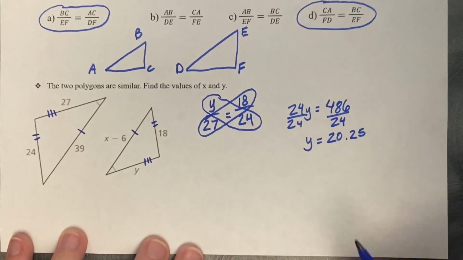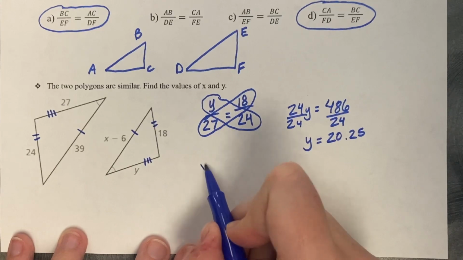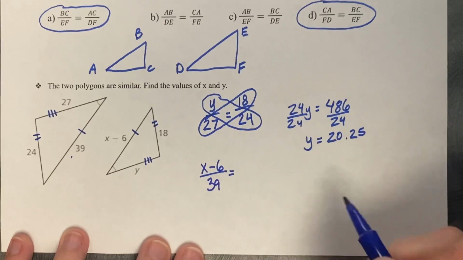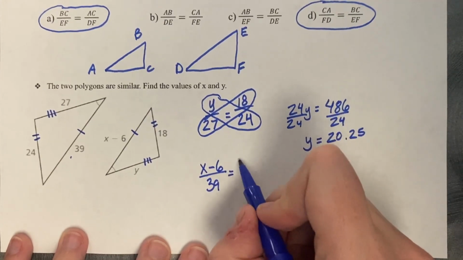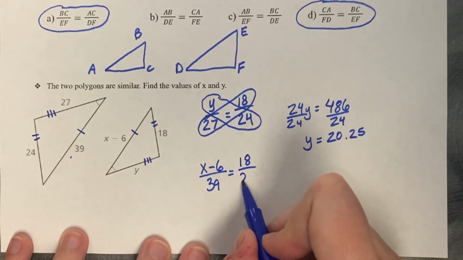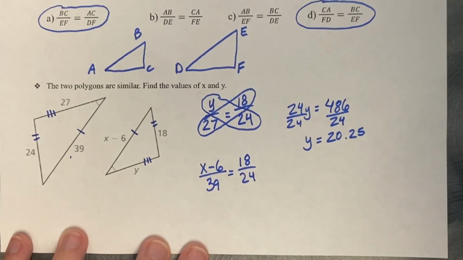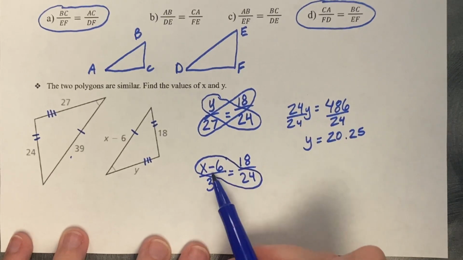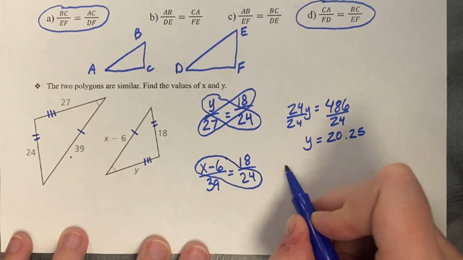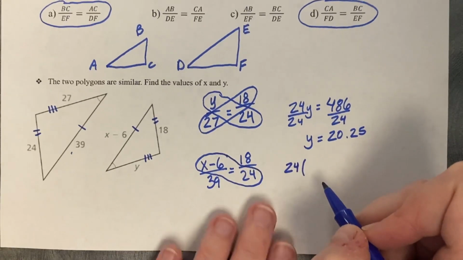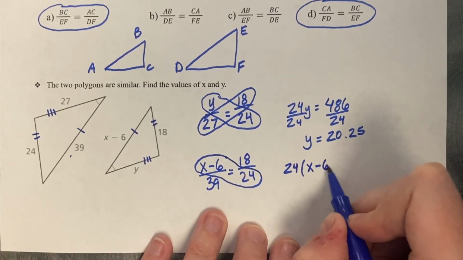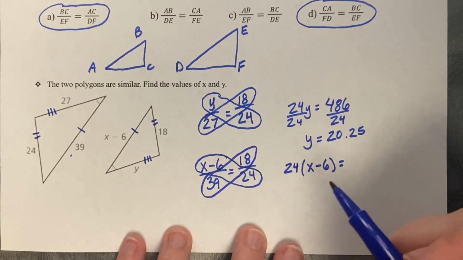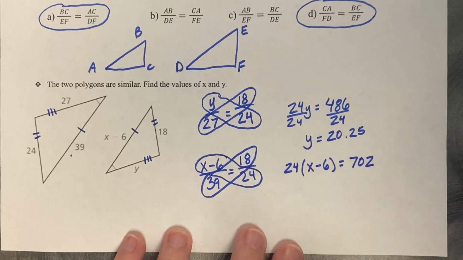Now we want to get our value of x, so let's do a comparison. X minus 6 is proportionate to 39 as, again, I'll use the same proportion as before, 18 is to 24. Now when we cross multiply here with the x minus 6, the 24 applies to both the x and the 6. So I'm going to write it using parentheses. 24 times x minus 6 equals 39 times 18, and 39 times 18 is 702.